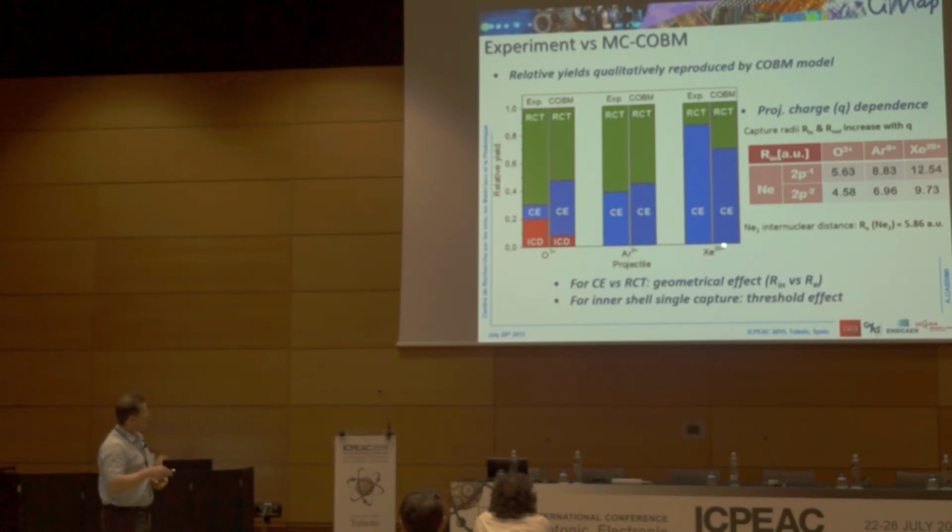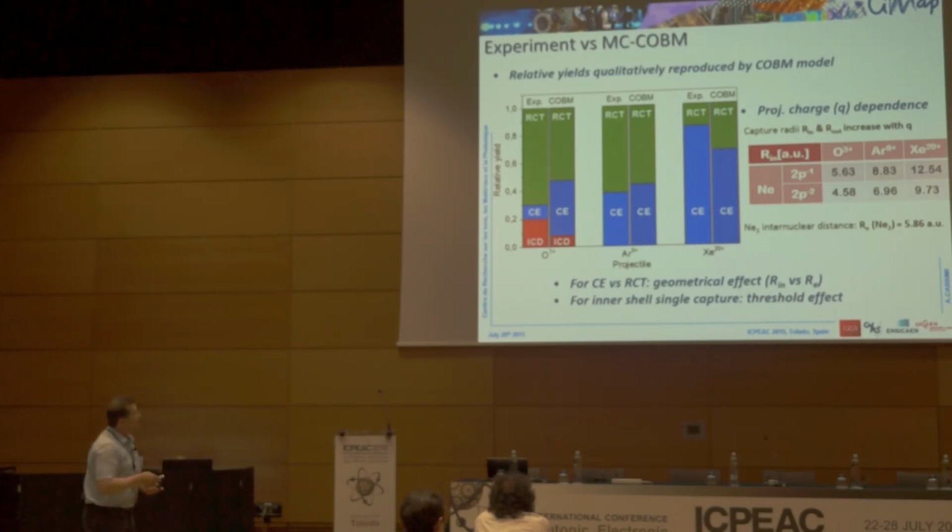But as the charge state decreases, the impact parameter or the cross-section need to be closer to the target, and then the RCT starts to play an important role. And when the cross-section is really small, then you have to be very close to the atom of the dimer if you want to capture, and then you start to have even ICD.